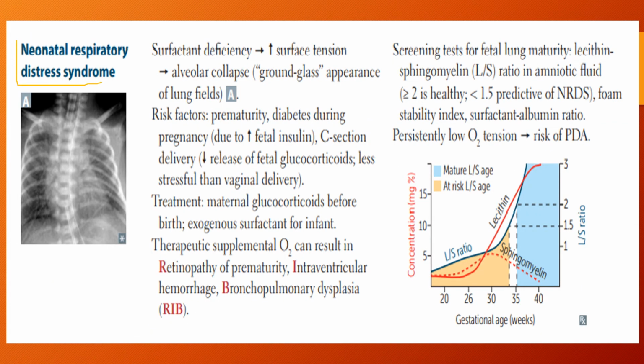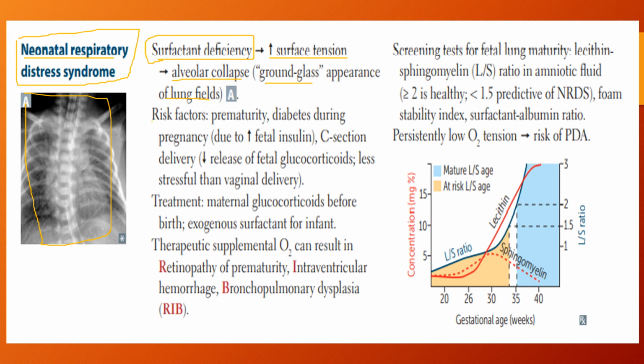Neonatal respiratory distress syndrome occurs because of surfactant deficiency, which is the main cause. Surfactant deficiency leads to increased surface tension, which leads to increased alveolar collapse, giving a ground glass appearance of the lung fields, as you can see in this image.